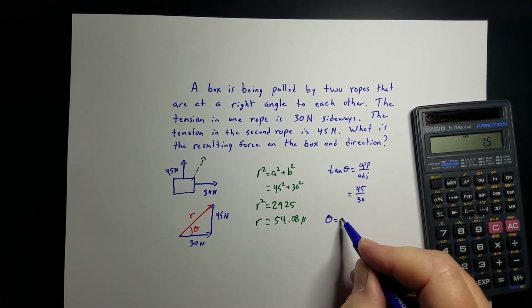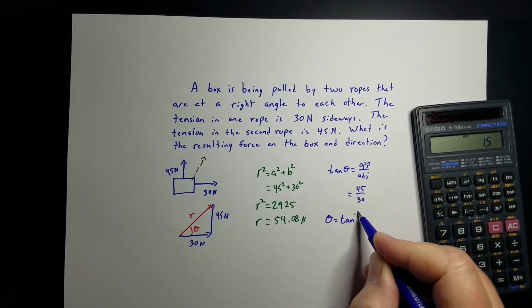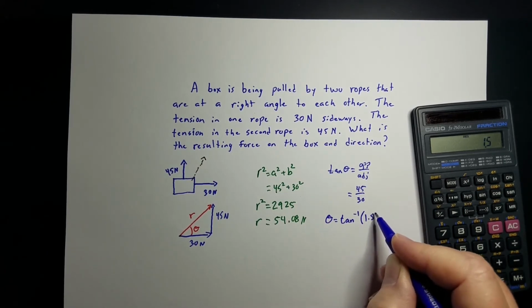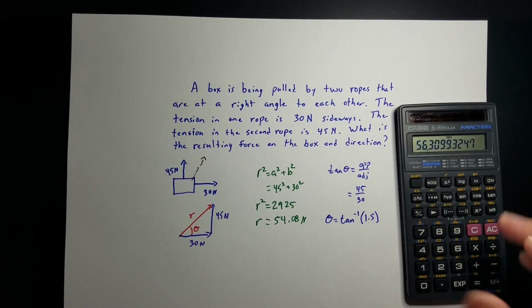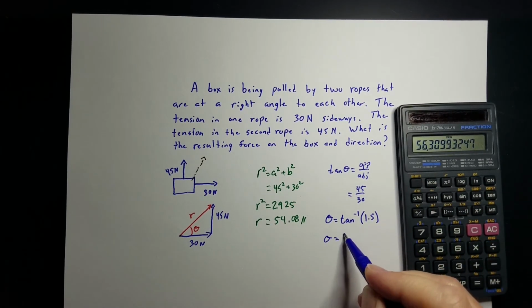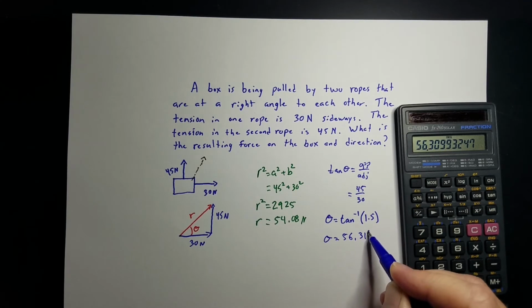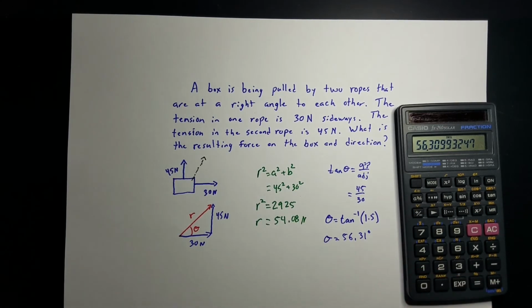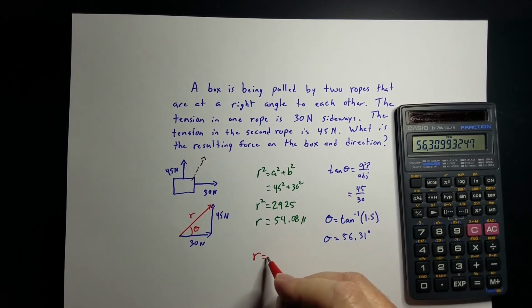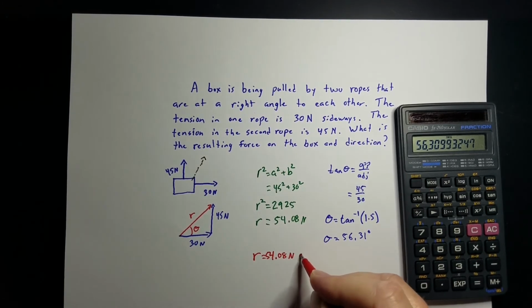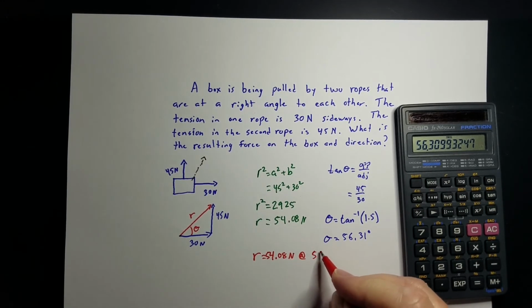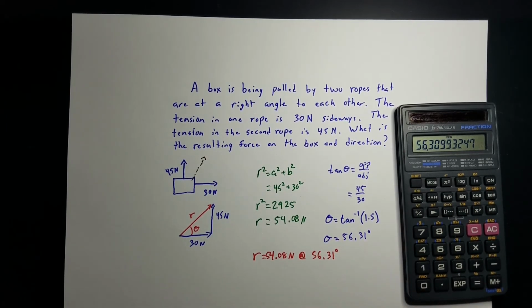So my angle is going to be the inverse tangent, or arctangent, of 1.5, which is 56.31 degrees. Since this is a force, we don't have to worry about north, south, east, or west. It's just going to be R equals 54.08 newtons at 56.31 degrees. For forces, you just put the angle from that horizontal line counterclockwise around to your vector.